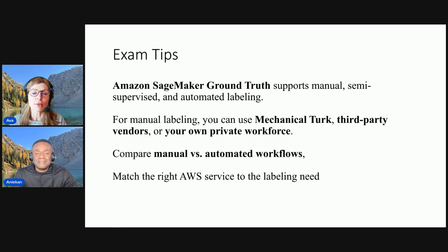This is when you're going to want to choose private workforce. That's exactly right. If you have sensitive data, you don't want just anybody seeing it. And also, don't forget the exam might have a question that tests your ability to match the right AWS service to the labeling needs.